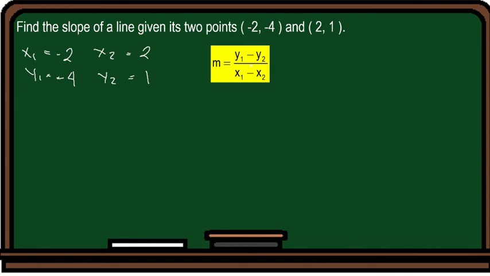So, in this case, mauna naman si y sub 1. So, y sub 1 is -4, minus y sub 2, which is 1, over x sub 1, which is -2, minus x sub 2, which is 2. Okay, rules of integers, if you are subtracting same sign. Paano natin malalaman same sign? This is -4 minus 1.